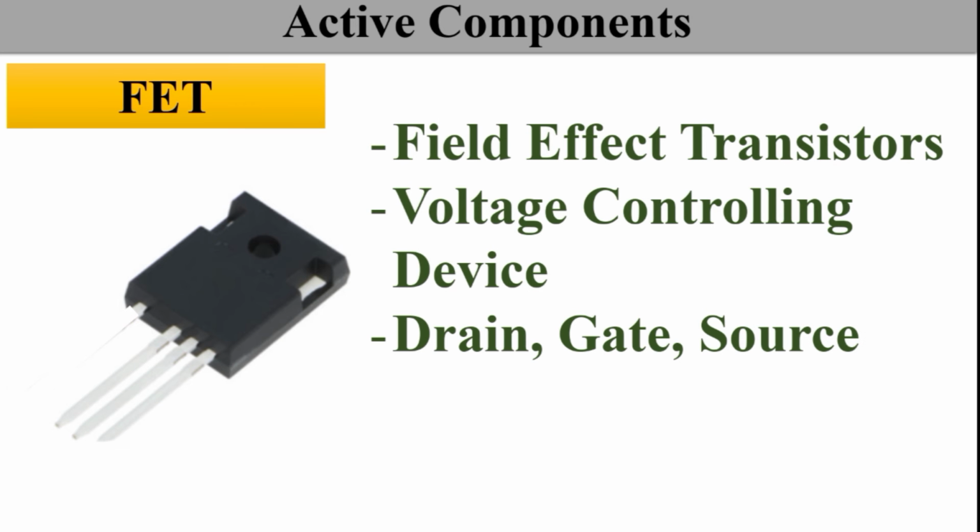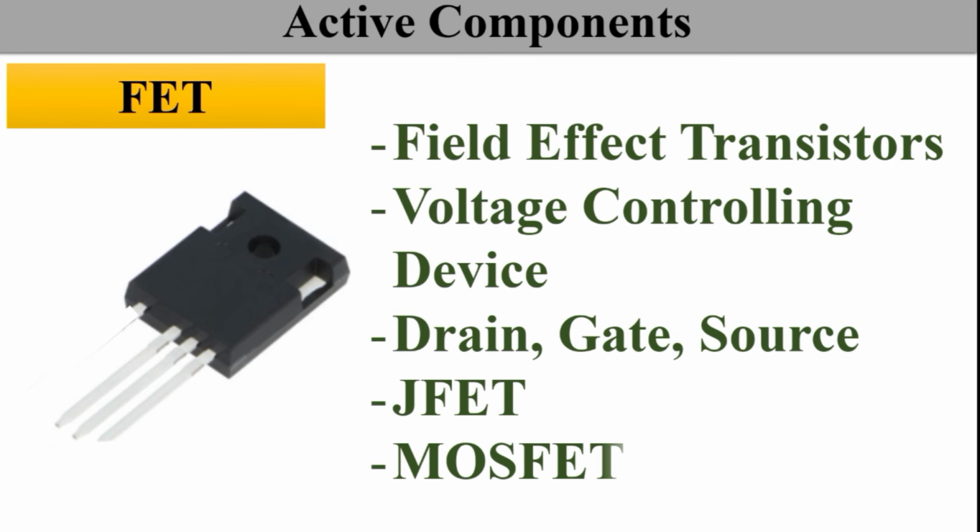The 3 terminals are drain, gate and source, and it has 2 different types: JFET, which is junction field effect transistor, and MOSFET, which is metal oxide semiconductor field effect transistor.